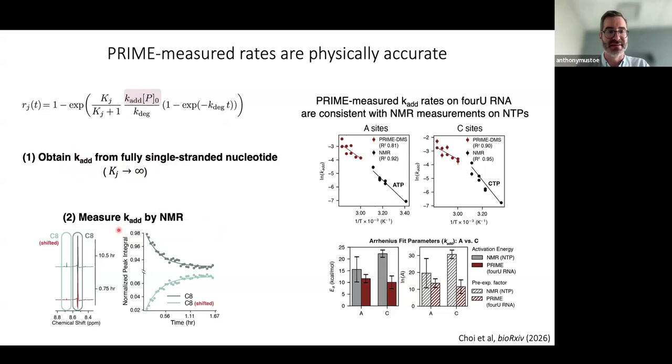And then he independently measured it by NMR, by basically adding DMS to single nucleotides in an NMR tube and then directly measuring that rate of chemistry. And what he sees is that there's very good agreement basically between the NMR measurements and the prime measurements. And so this is just one piece of the validation that he did that we think supports that these are physically accurate rates.